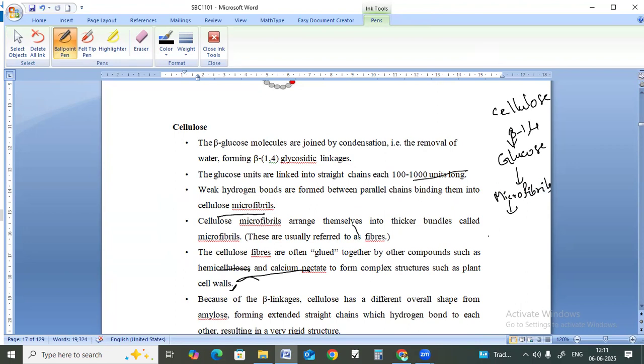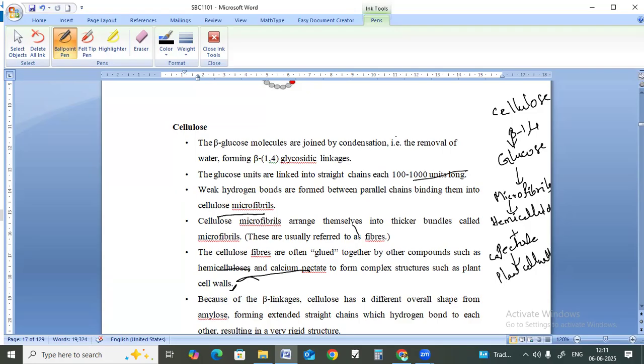They are grouped together by other compounds such as hemicellulose. These are linked with the hemicellulose, and the hemicelluloses are also linked with the calcium pectate, resulting in the formation of the plant cell wall.